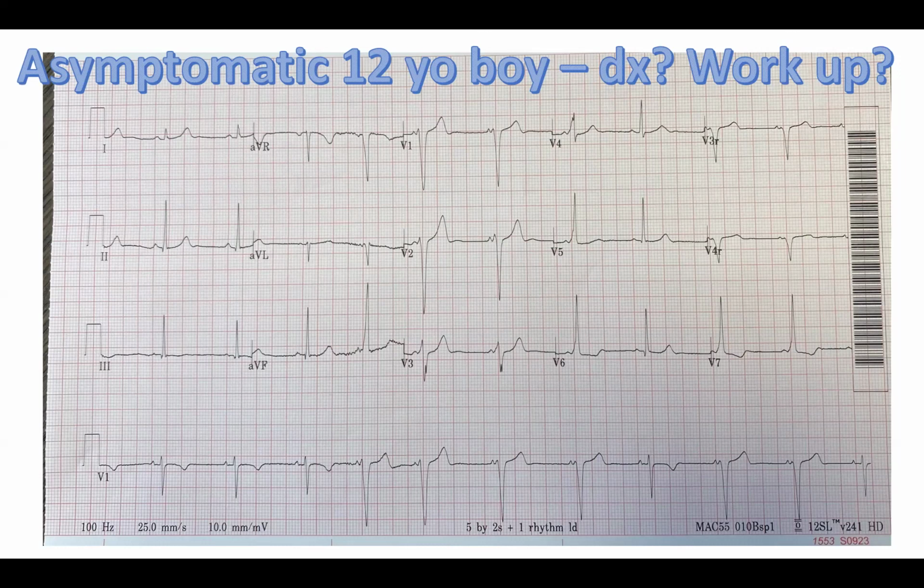What would be another reason to get an echo, though, in someone who has WPW? Are there any congenital lesions that could be associated with WPW that might be challenging to ascertain on physical exam alone? Maybe, if there's a small ASD? No, ASD is not, to my knowledge, particularly associated with WPW.